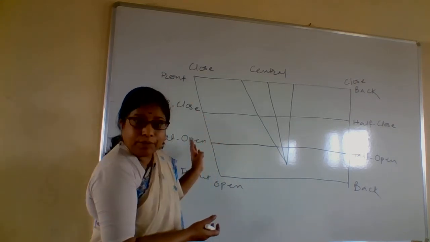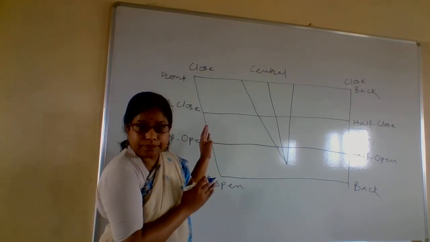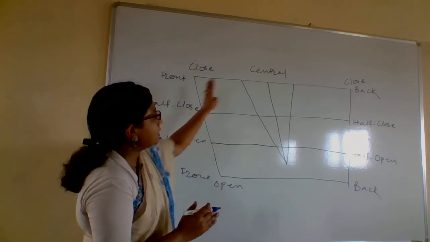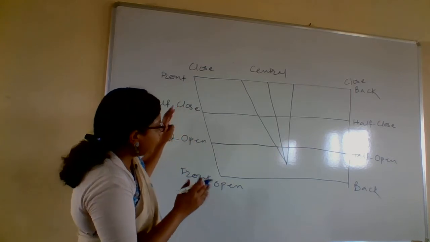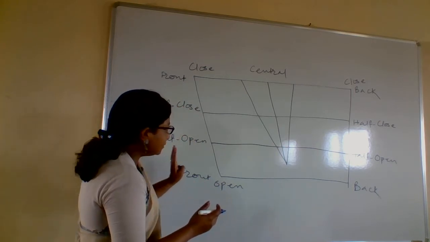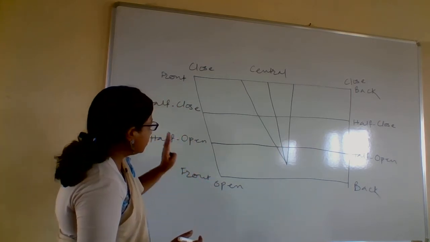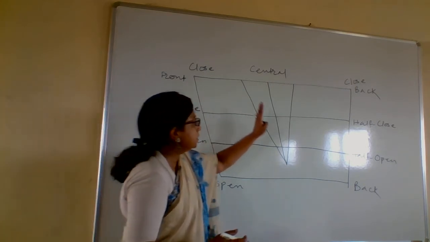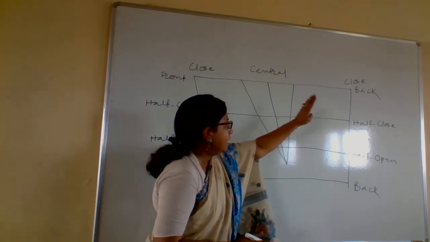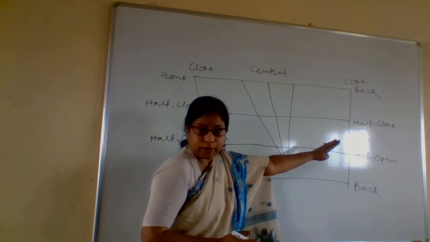Now let us try to understand this figure first. This is the tongue. For our convenience, here we have divided the tongue in three parts. This is the front part of the tongue, central part of the tongue, and back part of the tongue.